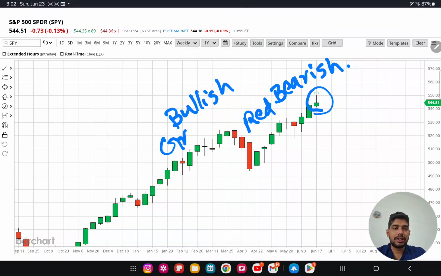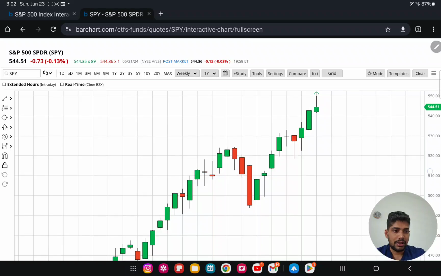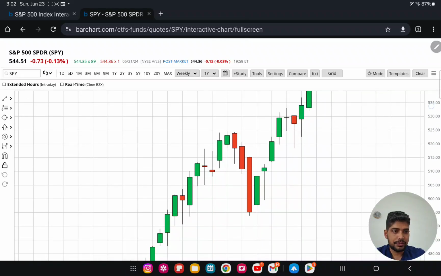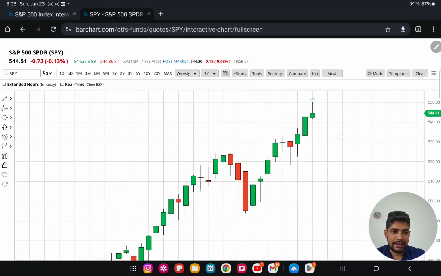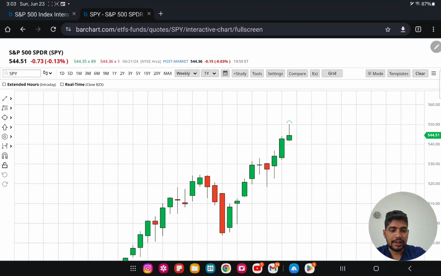There are four things that anyone looking at a price chart looks for. I will show you a green candle, and I'll try to explain how the price moved within it. Let us take this particular green candle for example. This point is where the price opened for that particular week, and the price moved within the range of this high and low.